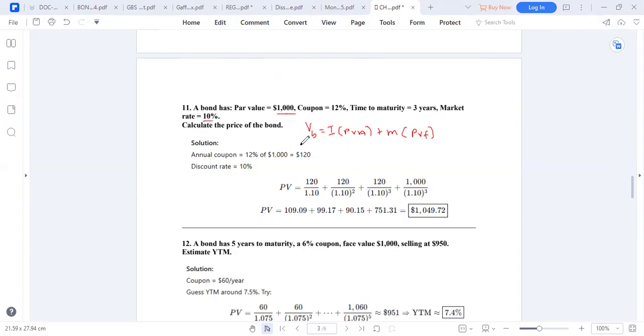If you calculate that, you get 1049. That is your value of the bond. You can still use this formula to get the same value: 12% of 1000 is 120, and the face value is 1000.